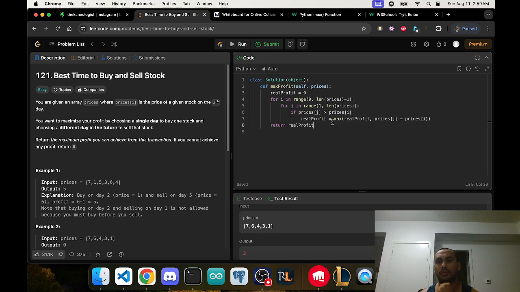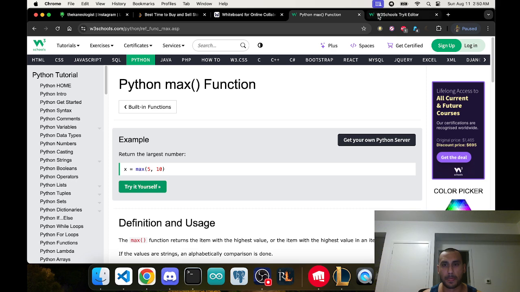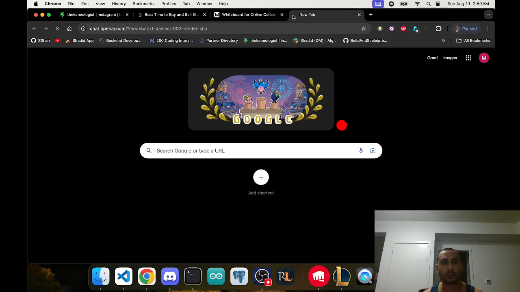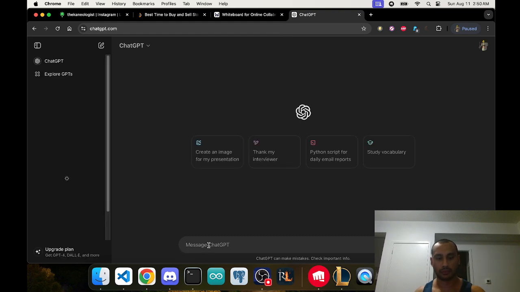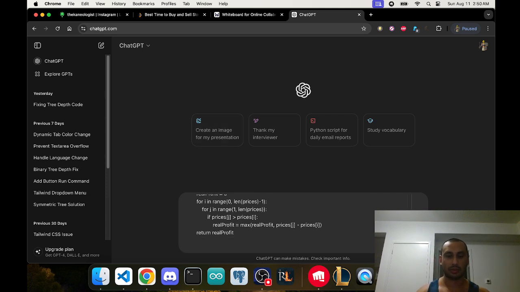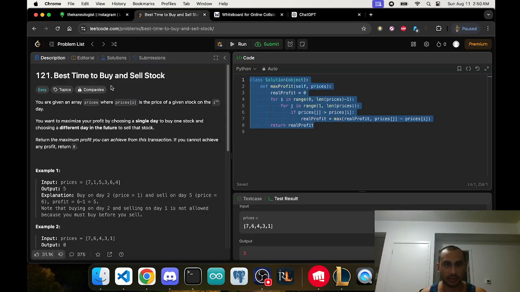I'm not sure what I'm doing wrong here. Let's plug it into ChatGPT. Maybe there's something I'm missing. Let's figure out what is missing from this solution.